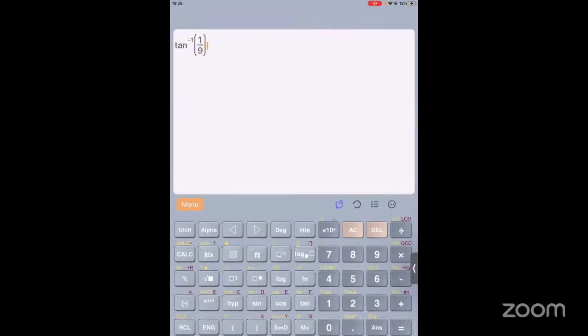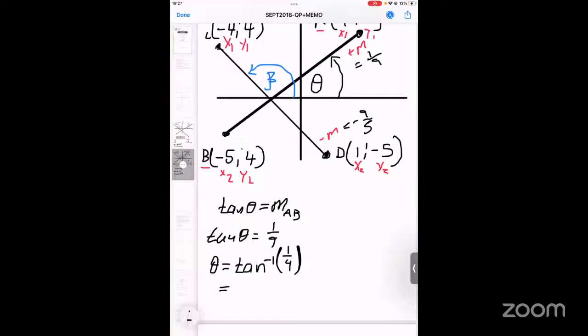It gives you 6,34. You must remember to say degrees. If you don't say degrees, it's wrong. Then this is your angle of inclination. Can you see? You substituted your positive gradient, you get your positive angle of inclination. So that angle there is 6,34 degrees.